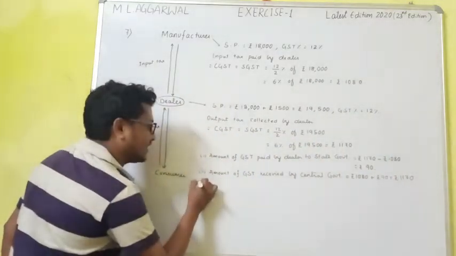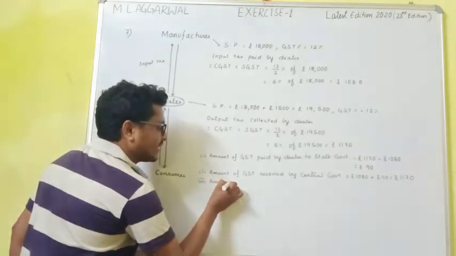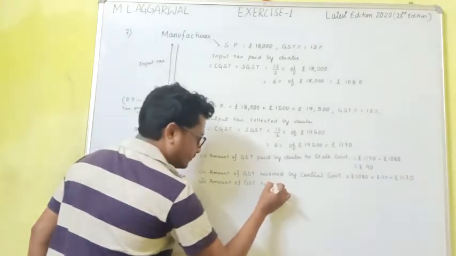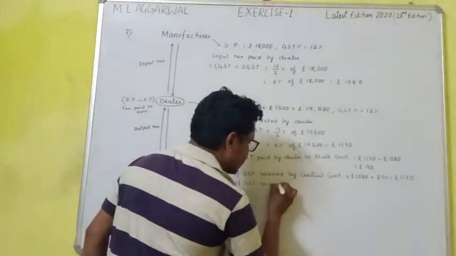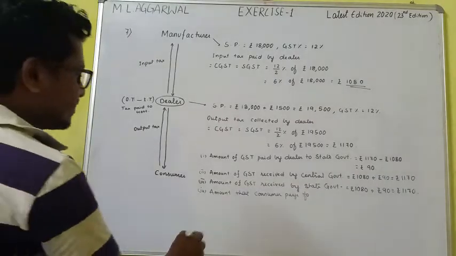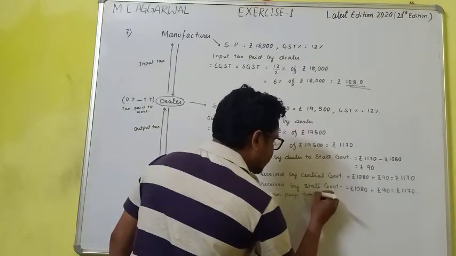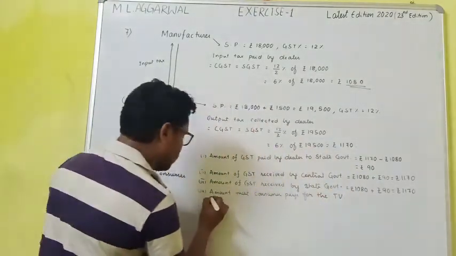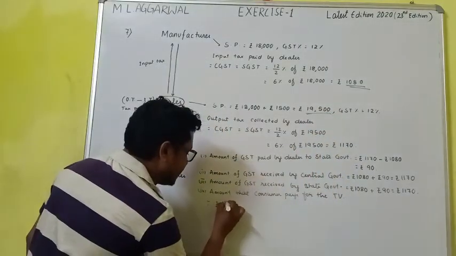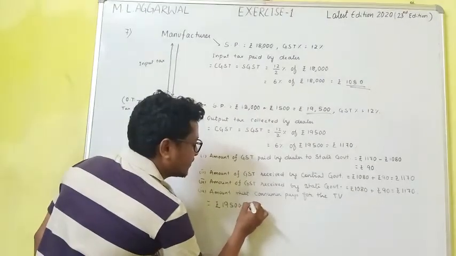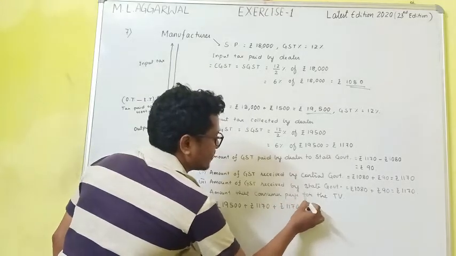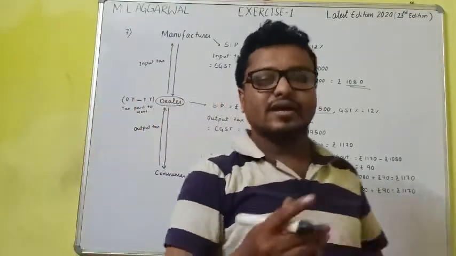Again, the amount of GST received by state government, so the amount that consumer pays for the TV is equal to, first one is the selling price, 19,500 plus rupees 1170 plus rupees 1170, that the consumer has to pay, both the things.